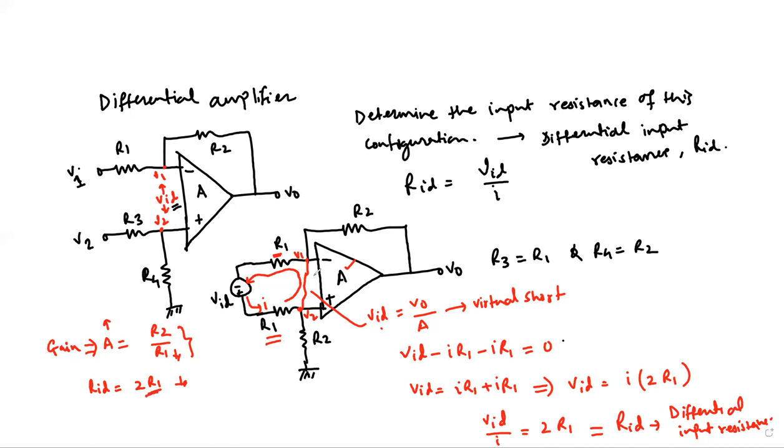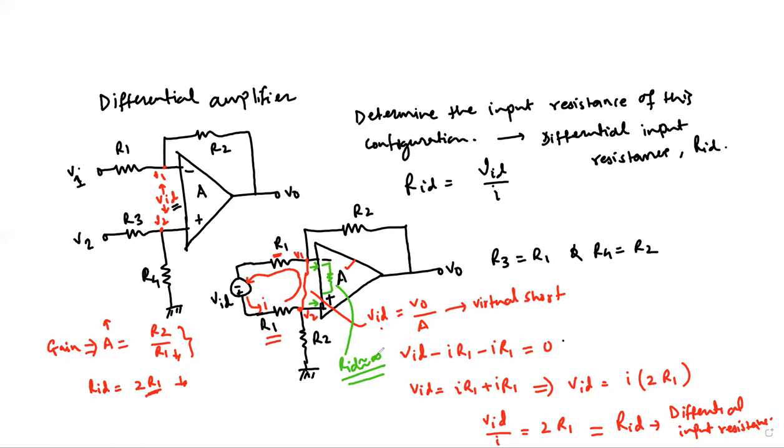If the input resistance of this amplifier is decreased, what that means is that we have the assumption that no current passes or enters the two input terminals of this amplifier, right? Because the differential input resistance RID is approximately infinite for the ideal case.